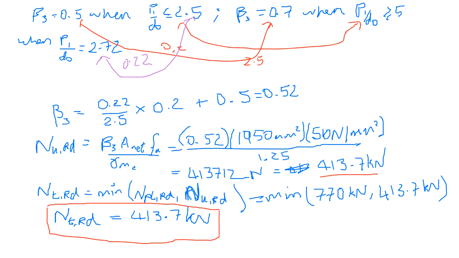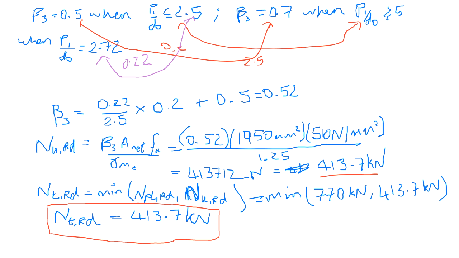That's the same in the design office. When I'm going back looking, I just have to pick the number at the bottom here. That's the design resistance, and I can compare that to the load, or the demand that I've worked out from, say, my truss analysis. So that's an example of an eccentrically loaded member.